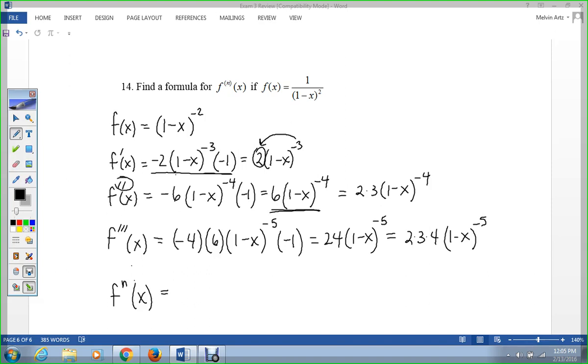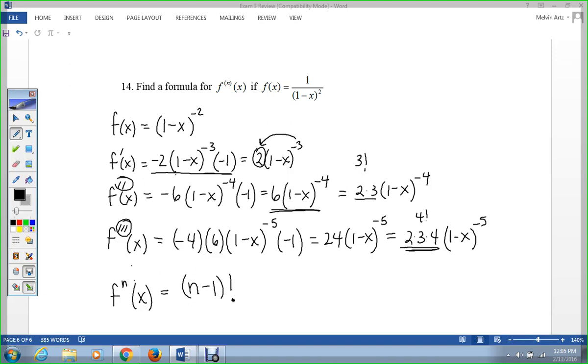This is the second derivative, and this right here is 3 factorial. Here's the third derivative. Right here, this is 4 factorial. So we can see that factorial is 1 less than the derivative. So we could represent that as n minus 1 factorial.